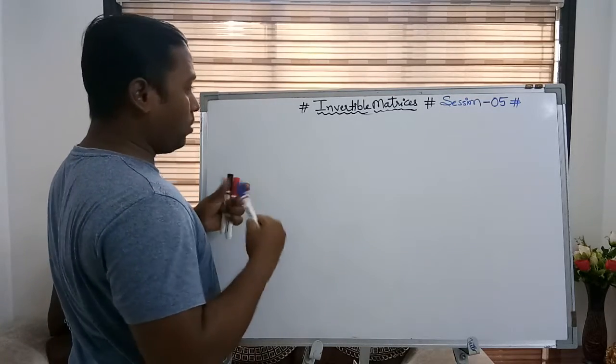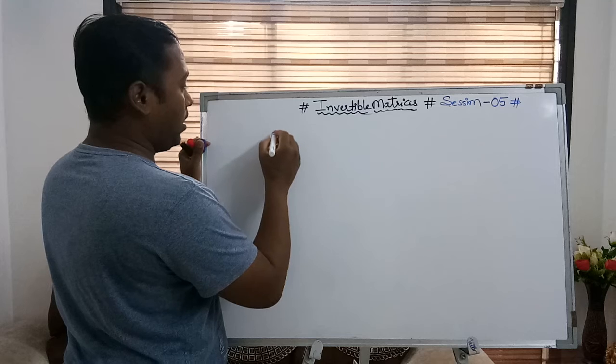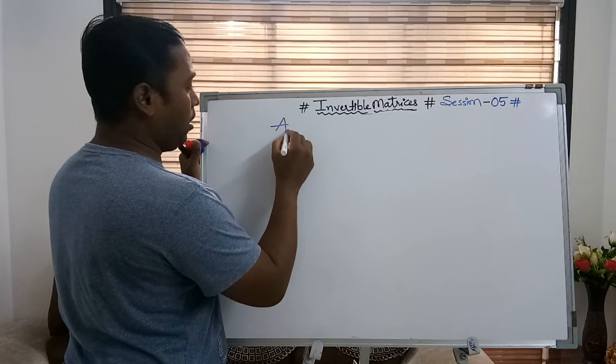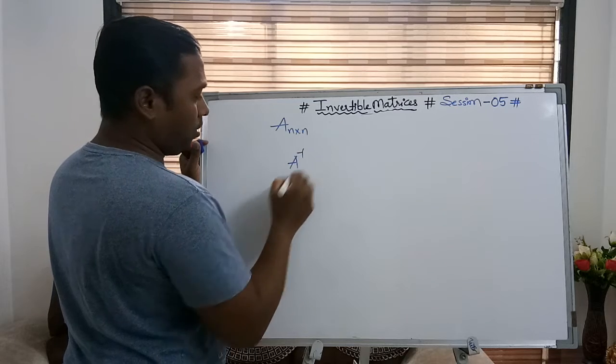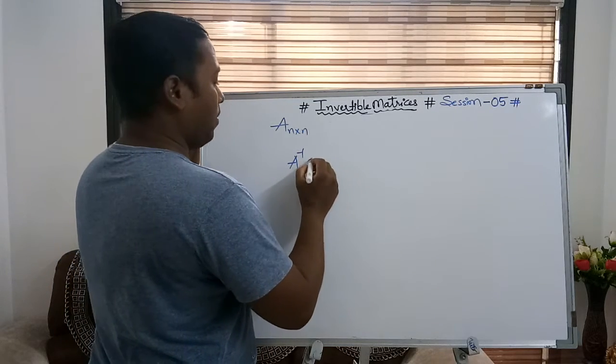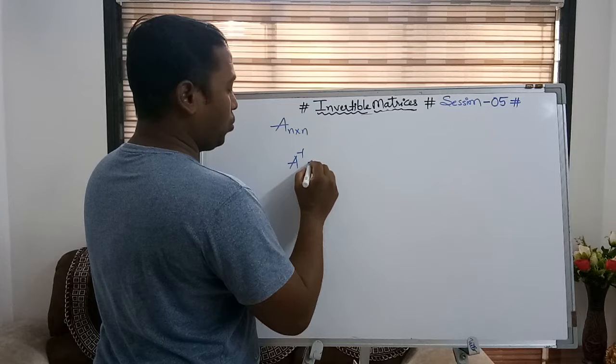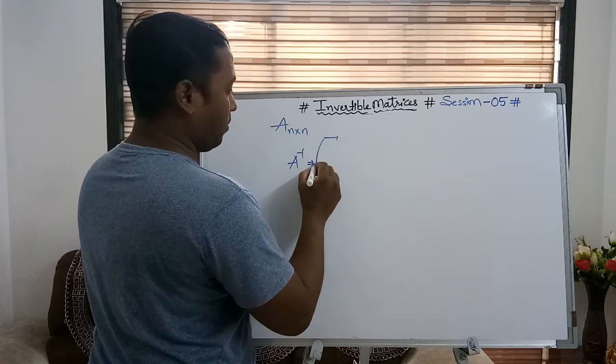So we are talking about the inverse, right? If a square matrix A is of order n by n, then its inverse is obtained through various techniques.